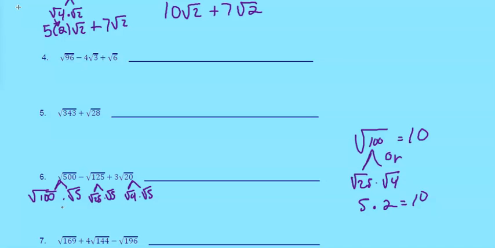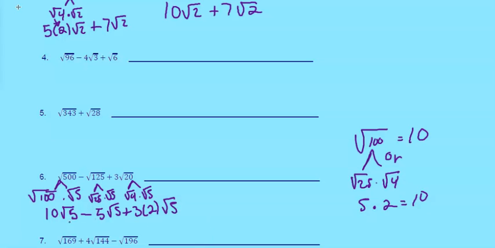Okay, let's keep simplifying. The square root of 100 is 10, so we have 10 square root 5. We have minus square root 25 is 5, square root 5. And then plus 3 times 2 times the square root of 5.